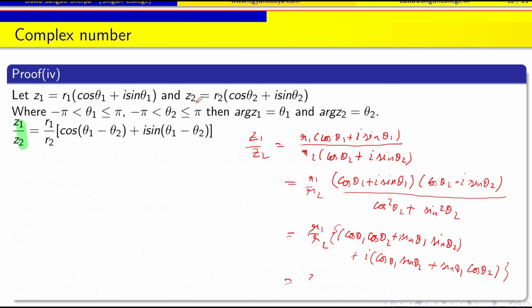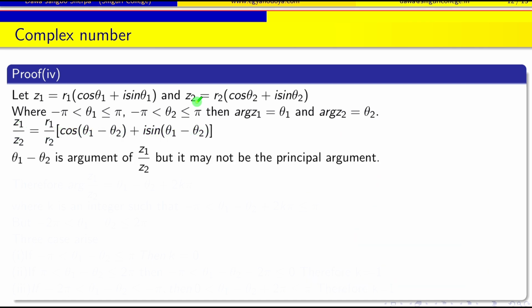So this will give you r1 by r2 (cos of theta 1 minus theta 2 plus i sin of theta 1 minus theta 2). So we got this result. Now theta 1 minus theta 2 is the argument of the complex number Z1 by Z2. This is the polar form of Z1 by Z2, so its argument is theta 1 minus theta 2, but this may not be the principal argument.